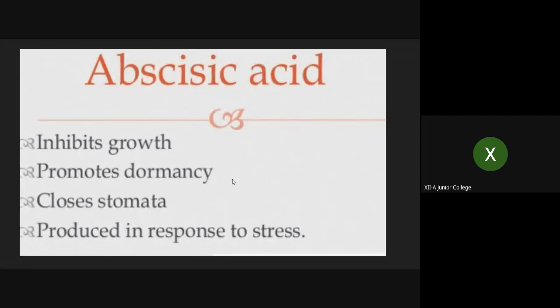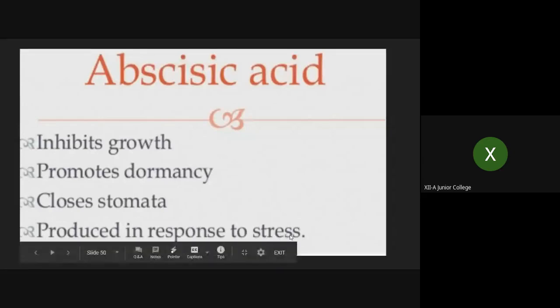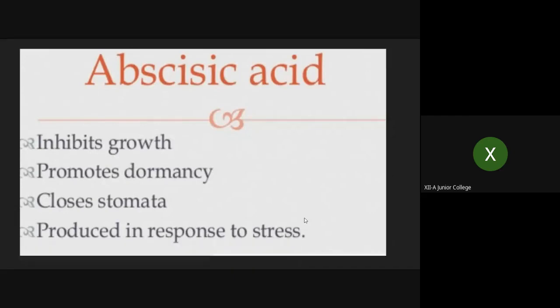And it also closes stomata. If you come to this point, that is stress: if the environmental and atmospheric conditions are not normal but adverse, meaning there is drought, a scarcity of water, or very high temperature, then the conditions are not favorable for the growth of the plant.